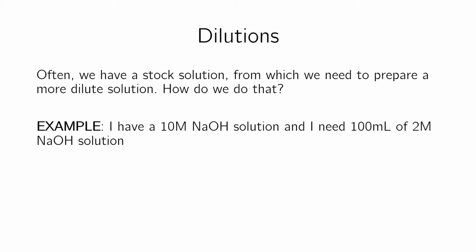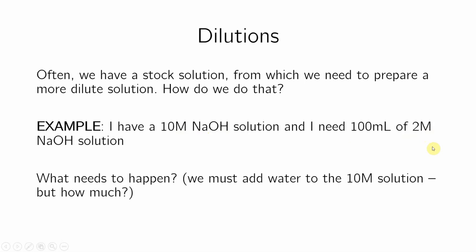So I want to make something more dilute, 2 molar, and I want to make 100 milliliters of it. My question is then, how much of this 10 molar stuff do I need? And obviously I need to add water to that to get to this 2 molar NaOH. So how much water do I need, how much of this do I need, and how can I mix them together to make this specific thing? Okay, so that's the question.